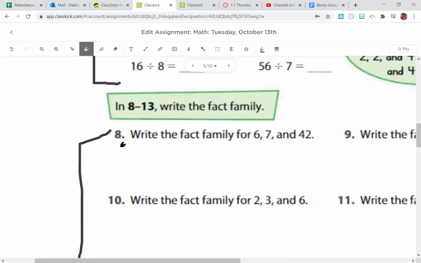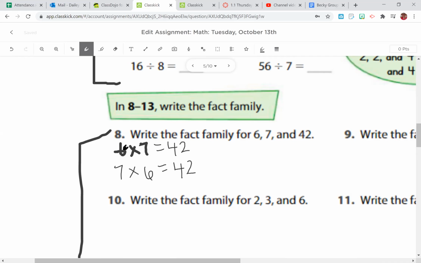So I can start with my 2 factors, my smaller numbers. 6 times 7, might make this a little thinner, equals 42. And I know if I flip those using the commutative property, that also equals 42.